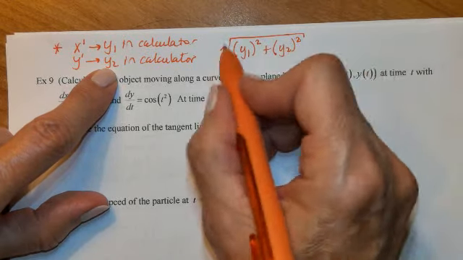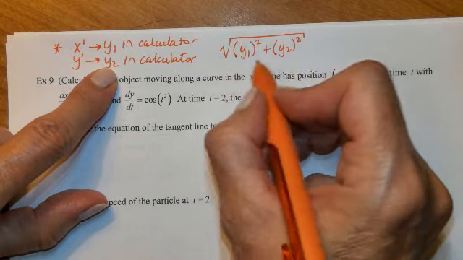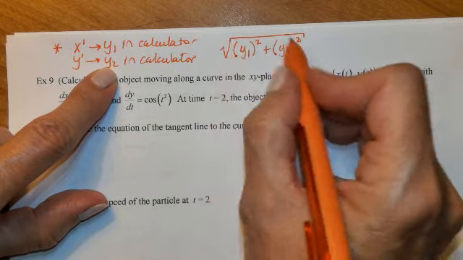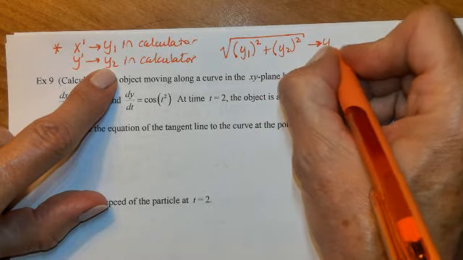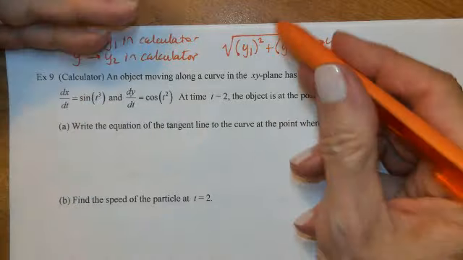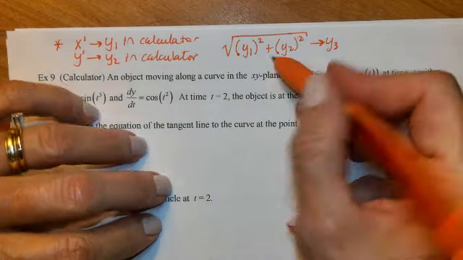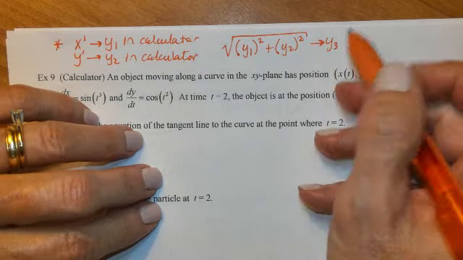You don't have to do this, but it'll make your life nicer if you do. And I'm going to store that in for y sub 3. When I'm doing this section every year, I just leave that in for my y3.